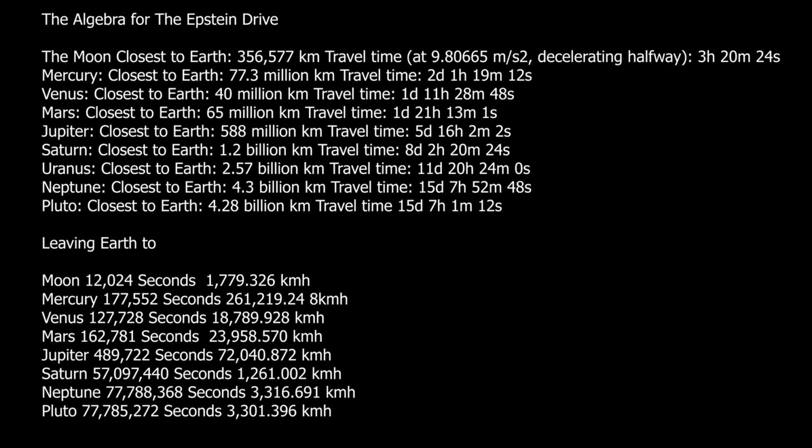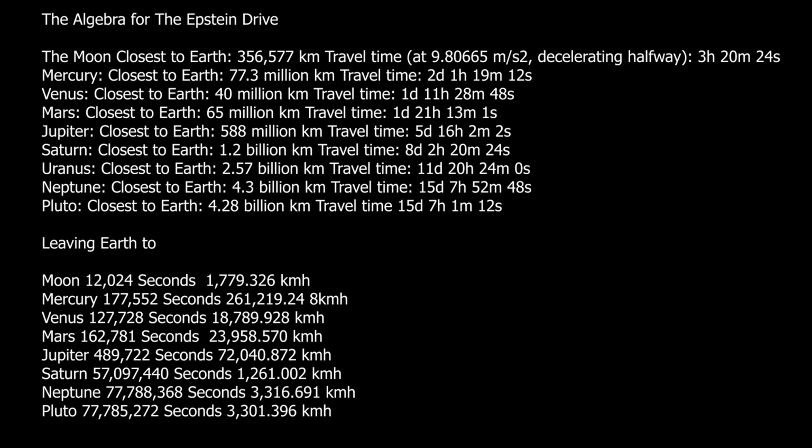Leaving Earth to Venus, 127,728 seconds, 18,789.928 kilometers per hour. Leaving Earth to Mars, 162,781 seconds, 23,958.570 kilometers per hour.